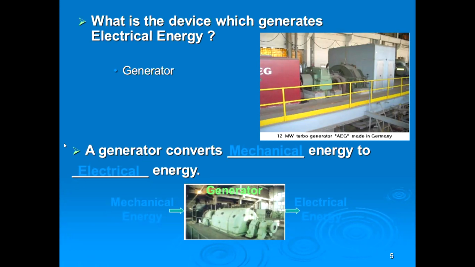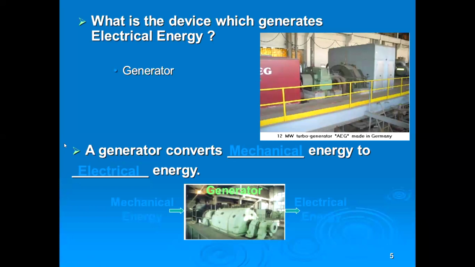In the same way, whenever a conductor cuts the magnetic field, an EMF will be induced. So in order to induce an EMF according to this law, inside the generator, to generate power, we require a conductor and a magnetic field, and the conductor cuts the magnetic field.